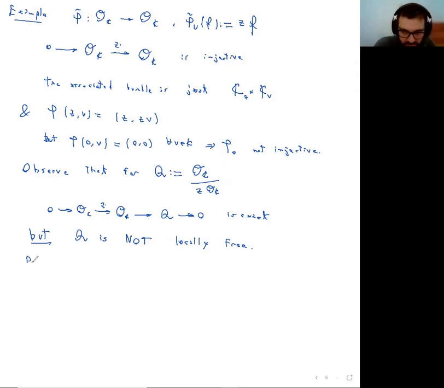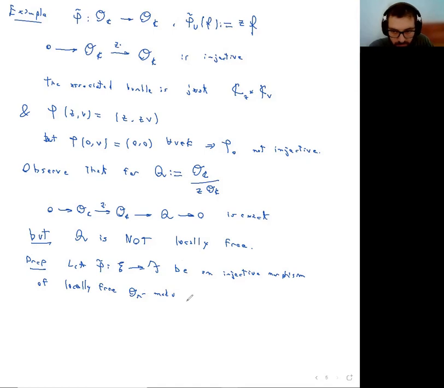And this is a much more general fact. It's always like this. So we take this to be an injective morphism of locally free OM sheaves, sheaves of OM modules.